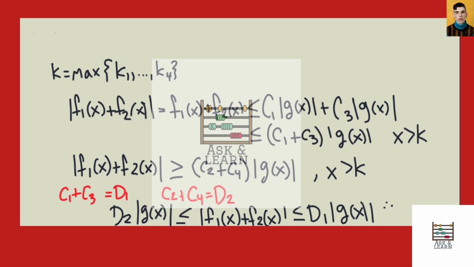So therefore, f1 plus f2 is big theta of g.